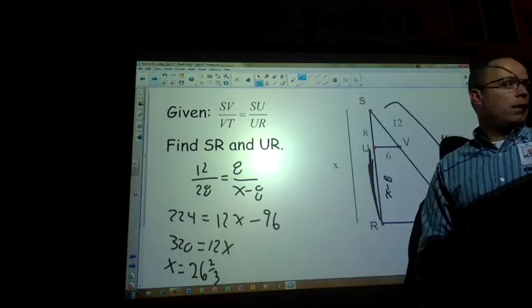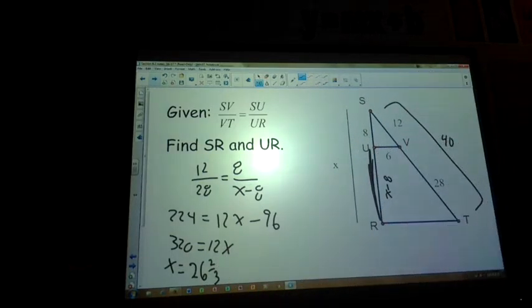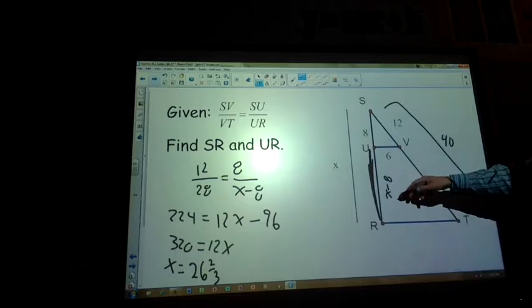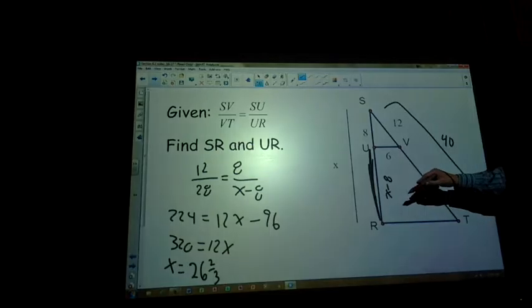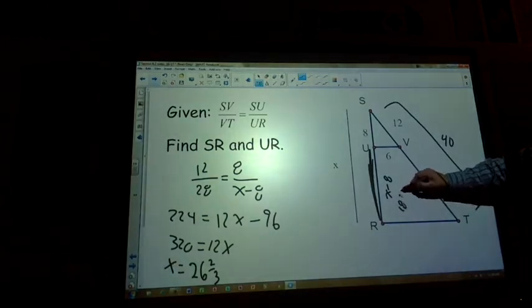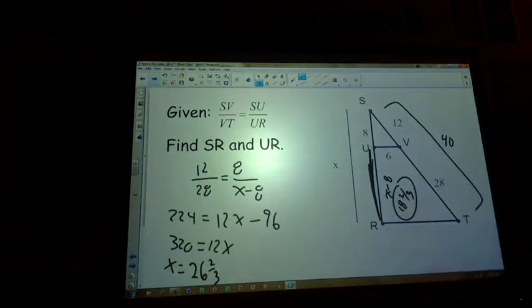You said 0.6 repeating, right? So if that's the case, then I could find this right here. That'd be 26 2/3 minus 8. So that'd be 18 2/3. Sweet. Find SR. We have SR is 26 2/3. Find UR, 18 2/3.